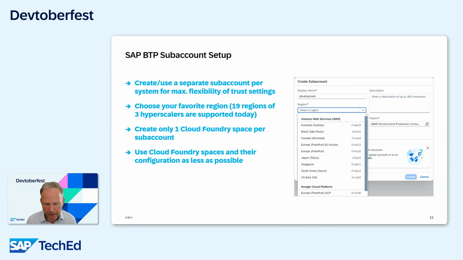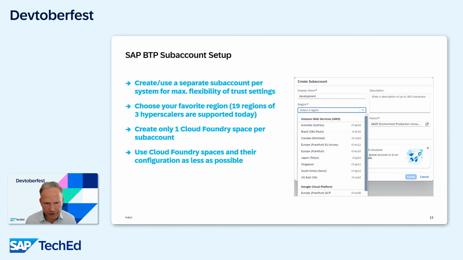Due to the fact that the trust settings are a property of the sub-account, it's highly recommended to have a separate sub-account per system, because with this approach, you can distinguish different IDPs for your different systems.